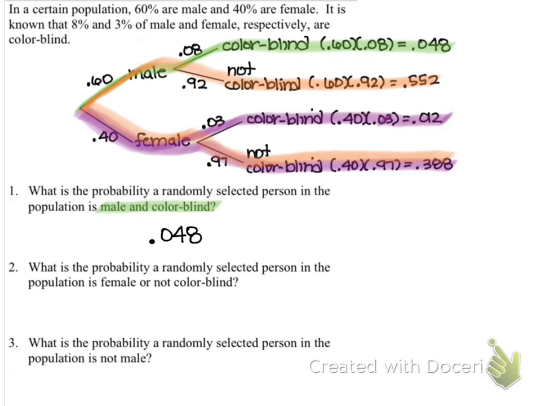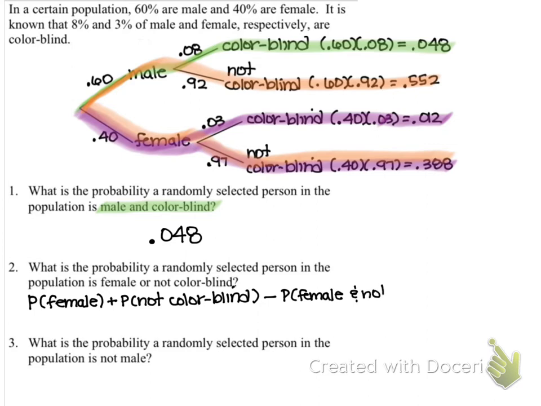So if we set up a tiny bit of an equation here to help us out, we would do the probability of female plus the probability of not colorblind, but then since there is an intersection between female and not colorblind, we just don't want to double count that. So probability of female and not colorblind. We're just not double counting, that's all.